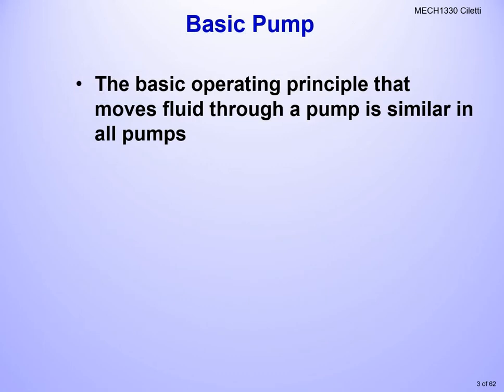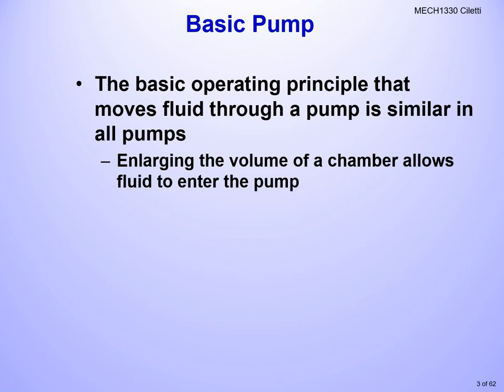The basic operating principle that moves fluid through a pump is similar in all pumps, and we're going to break it down into the different pump types. You can see what a chamber looks like inside a pump. One way is enlarging the volume of the chamber, which allows fluid to enter the pump, and this is common on all the different types of pumps.